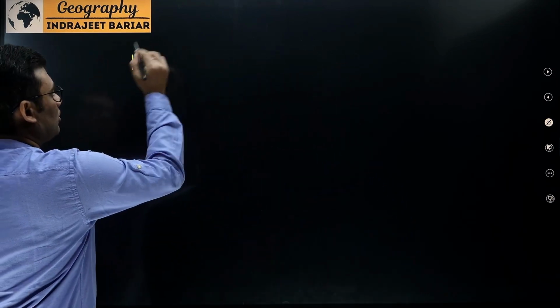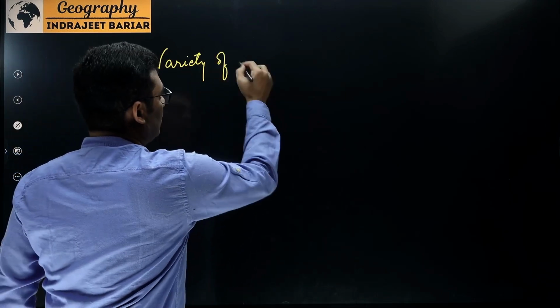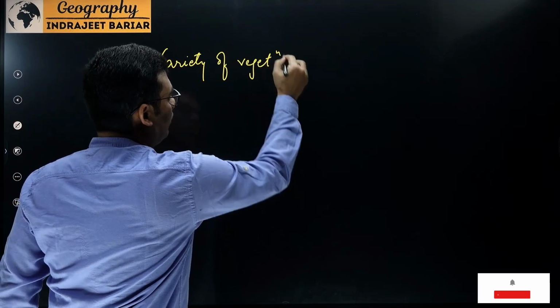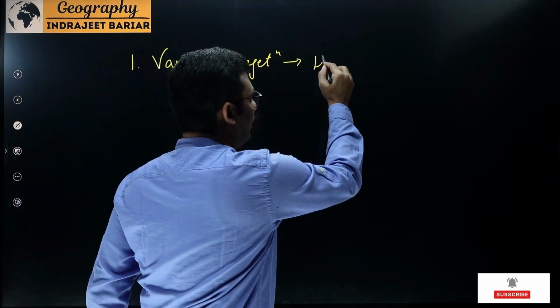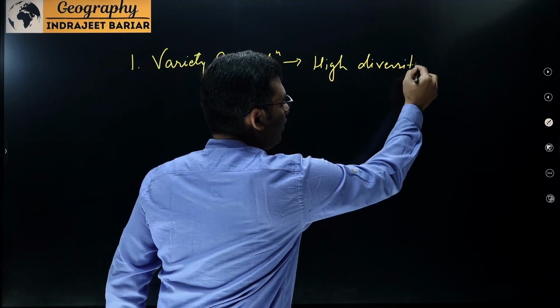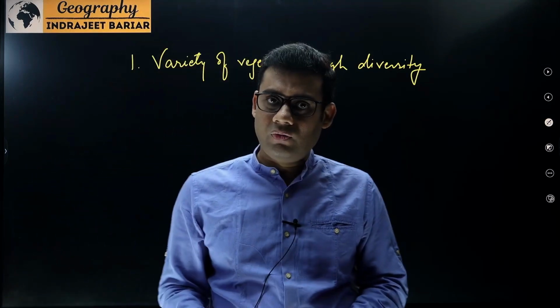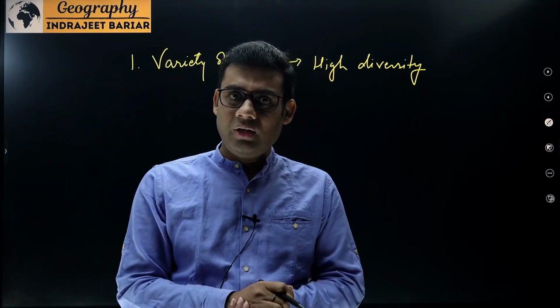And so the first thing I find over here is a very huge variety of plants and trees that grow here. So, variety of vegetation. I can put it as high diversity. Diversity is very high.